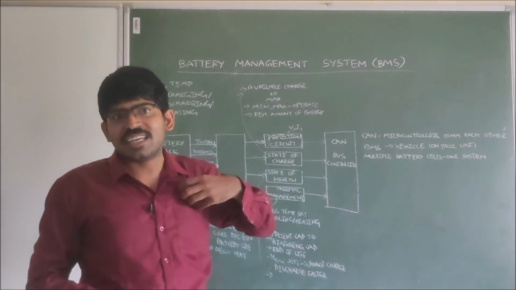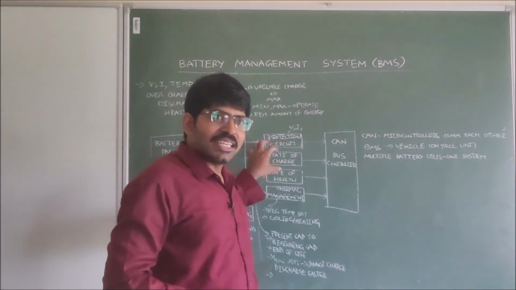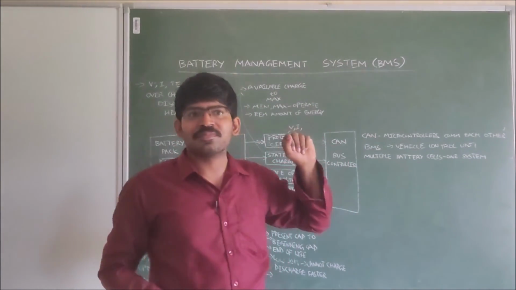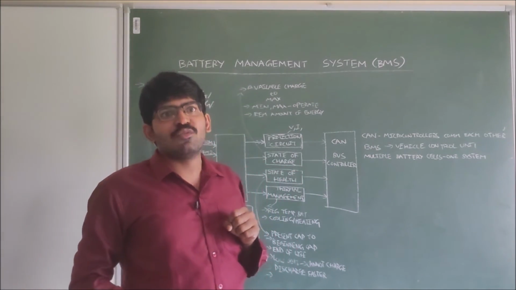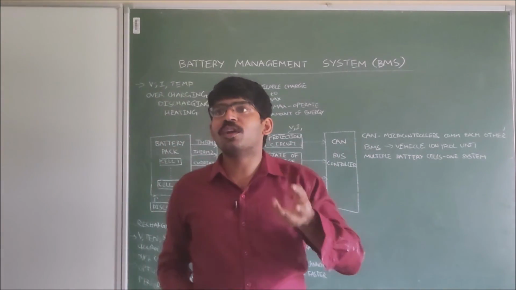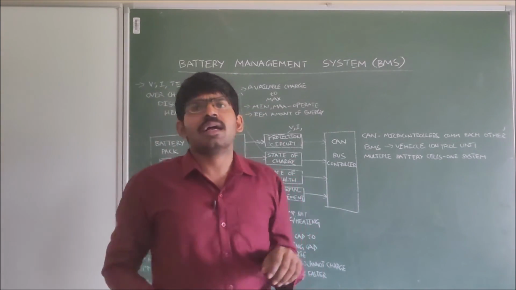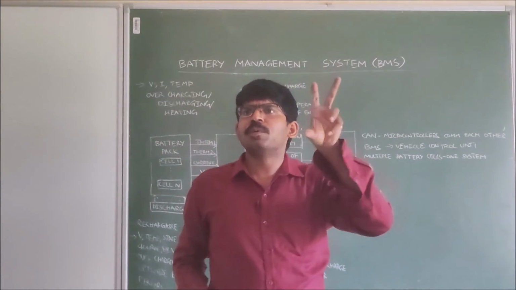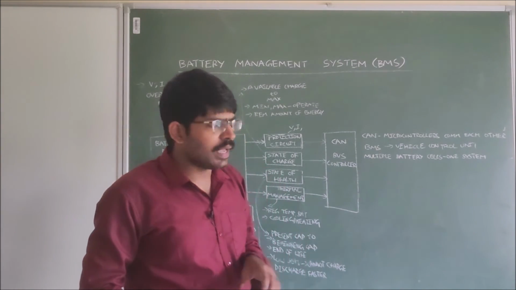So this gives the chance to monitor on the display the status of battery health, how much it is charging, the entire information. Sometimes over voltage means over voltage indication, over current means over current indication. That should be given on the display.